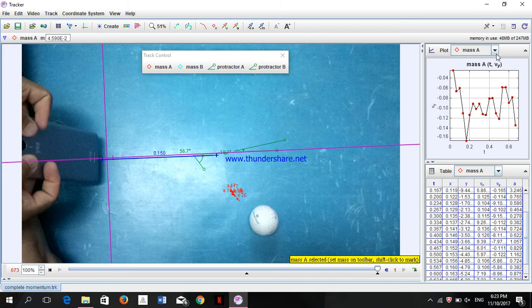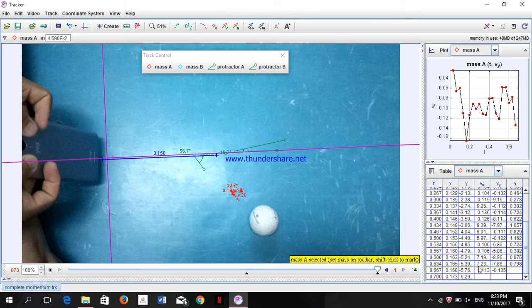As you can see here, the Vx of ball A is a positive value because it moved forward, and the Vy is negative because it moved downward. The angle after the collision of ball A is 56.7 degrees. It is measured by the tracker.